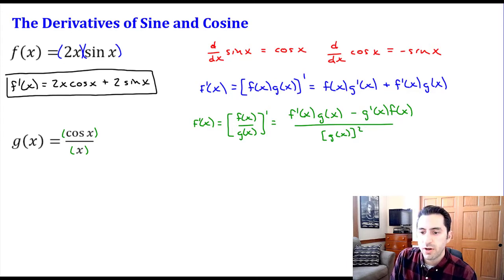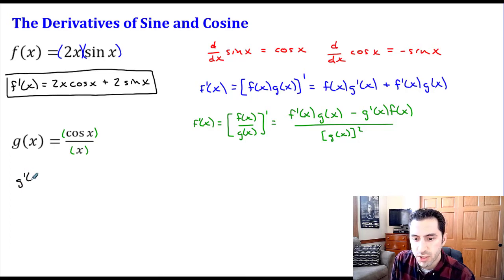So let's go back to our function g of x, and we'll follow along with the quotient rule to find our derivative g prime of x. So starting off with the derivative of our numerator, using our theorem, the derivative of cosine is equal to negative sine of x. And then we'll multiply this by the denominator, so multiply by x.